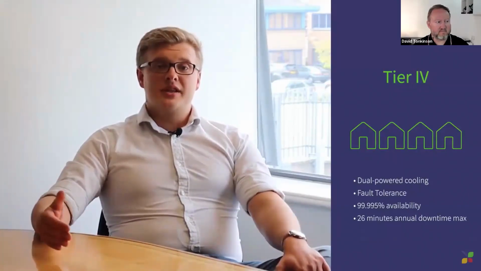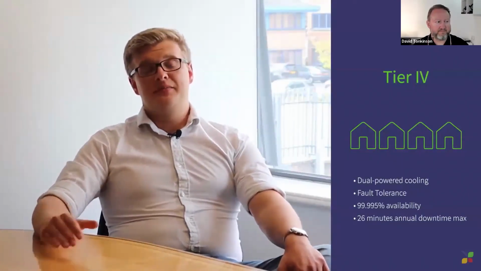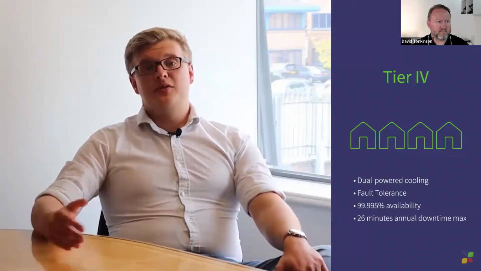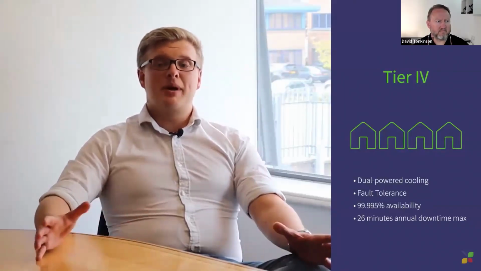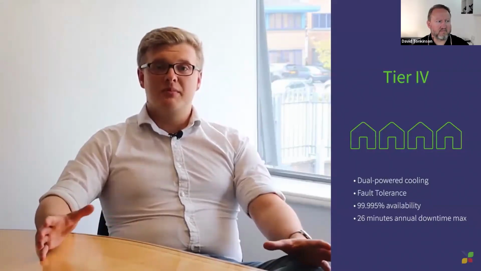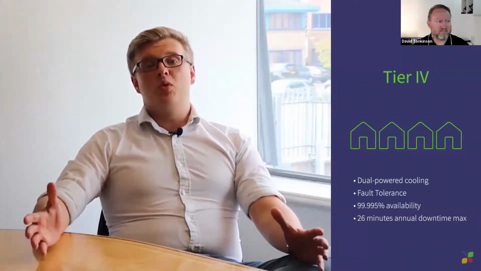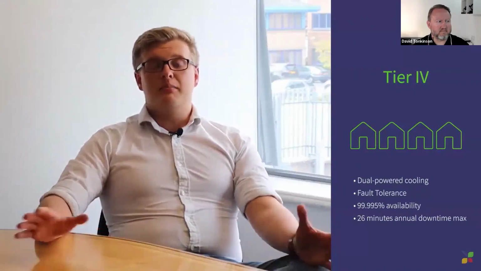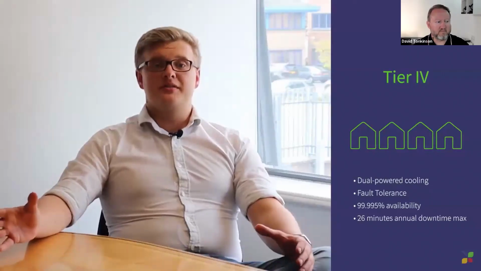Tier 4 is the top tier within the Uptime Institute's levels of tiering, and with that you're looking at full resilience throughout the entire site. So you'll have 2 completely separate power paths, 2 completely separate cooling paths, 2 completely separate network paths, and generally more than 1 feed off the mains grid. And this means that you can lose any component within the data center and you'll still have full resilience out to the data floor.